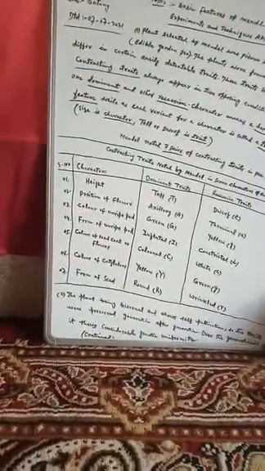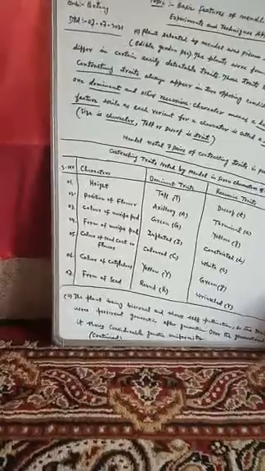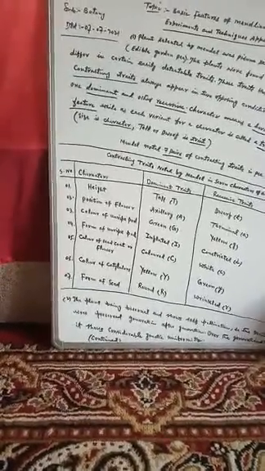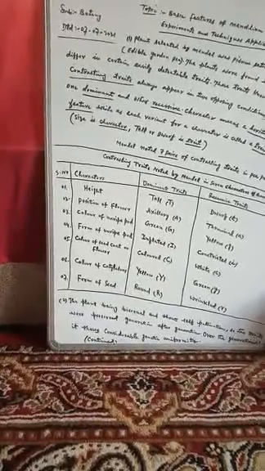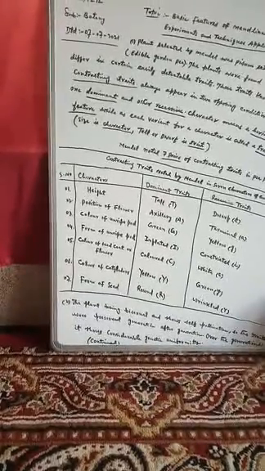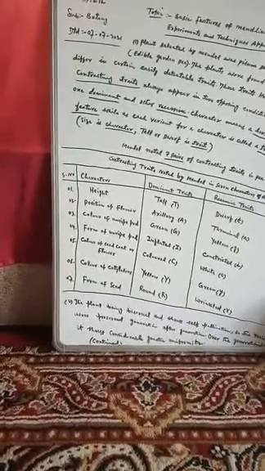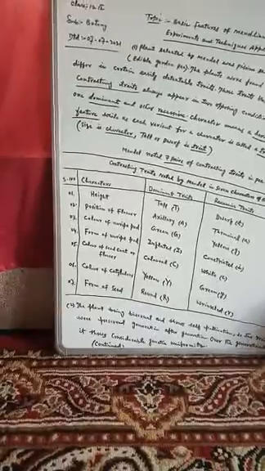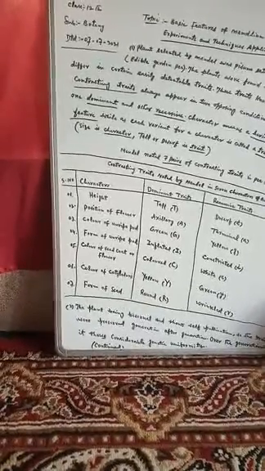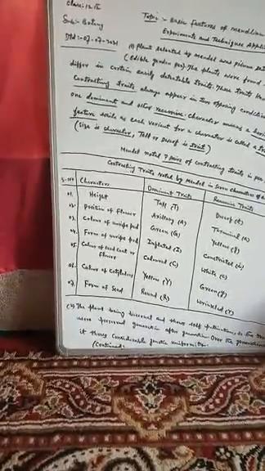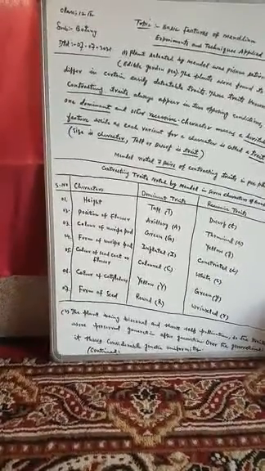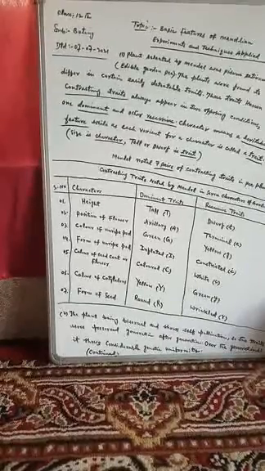Dear students, the third basic feature is that Mendel easily cross-pollinated the flowers by removing the immature stamens and dusting the pistil of this flower with the pollen of the desired plant.